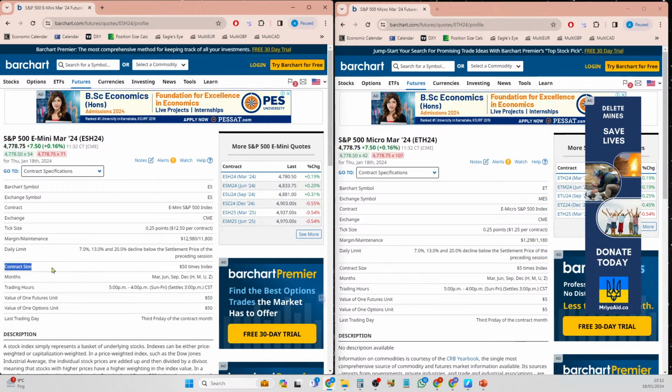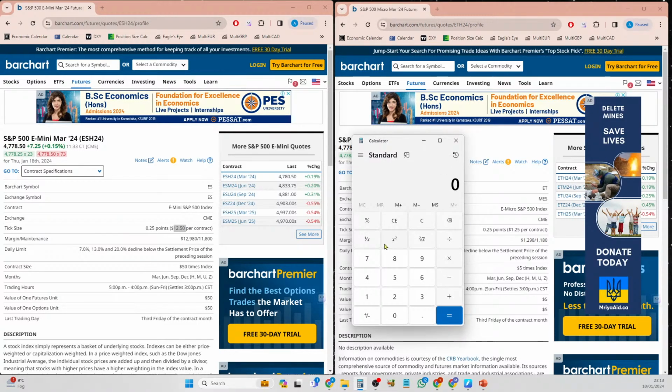The contract size. Let me break this down. When you make one point with one single e-mini contract, your profit or loss would be $50, because every tick that you make, you are making $12.5.